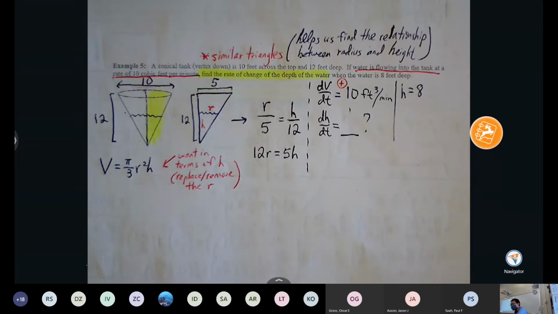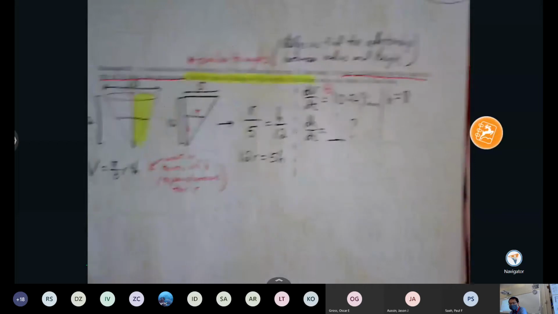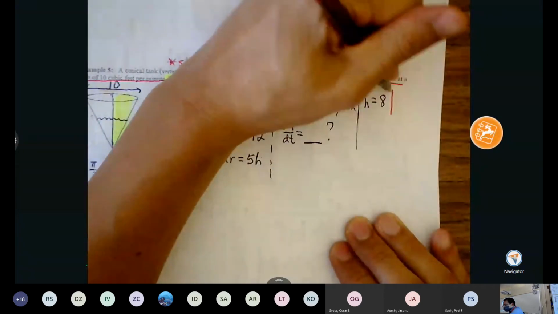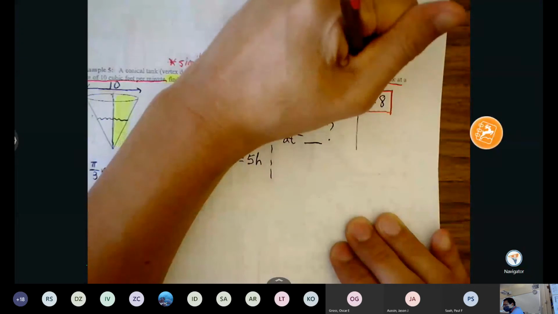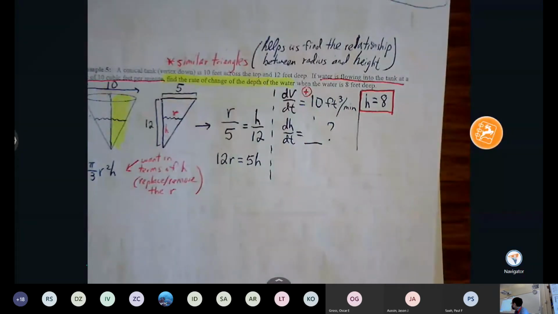Okay, so I do want to back up for a moment before we look into that substitution, and I want to talk about this H equals 8. This causes a lot of mistakes, so I want to make sure I bring that up.